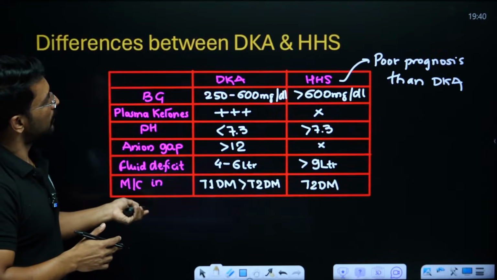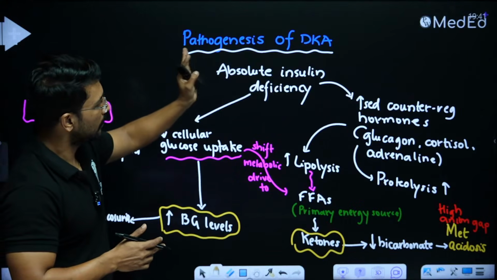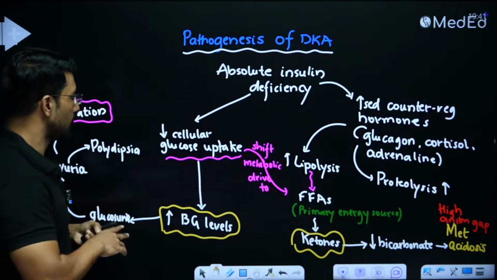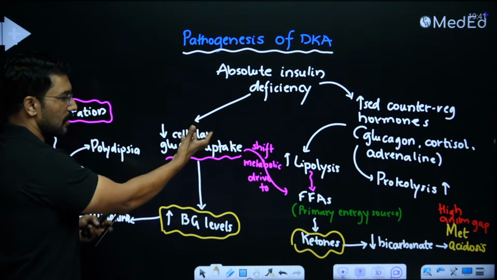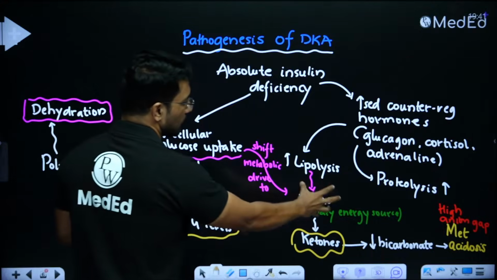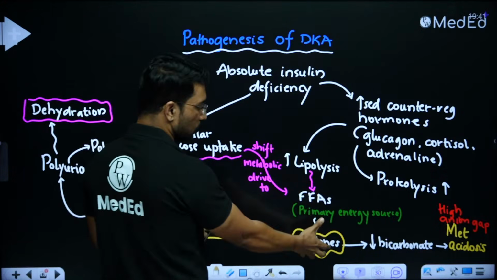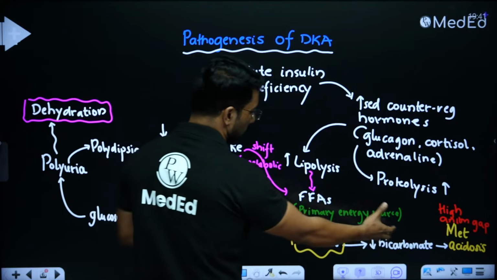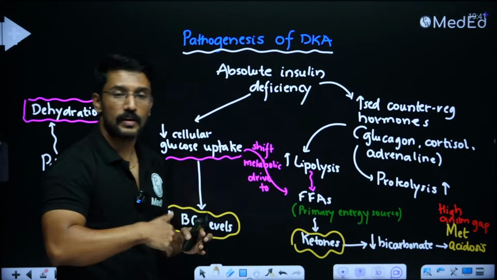It all started with insulin deficiency. So if I start giving insulin, this is stopped. So once I start giving insulin, cells will start taking up the glucose, right? So as the cells start taking up the glucose, my dependence on free fatty acids as a primary source of energy will come down. So I will not produce much more ketones. So my bicarbonate utilization will come down and this metabolic acidosis will get reversed by itself.